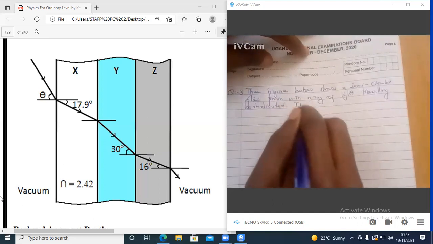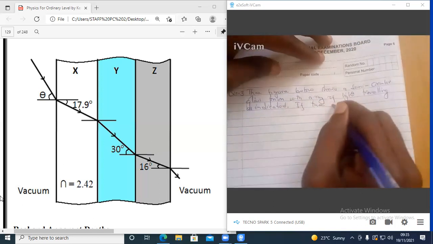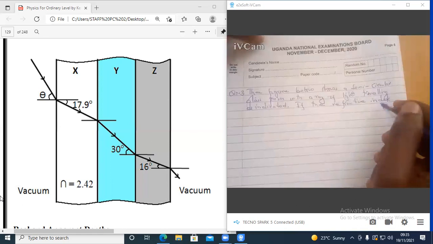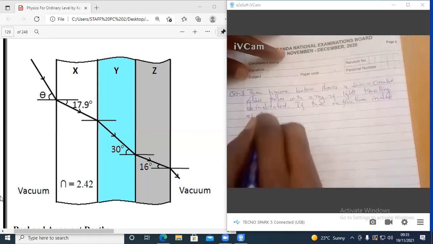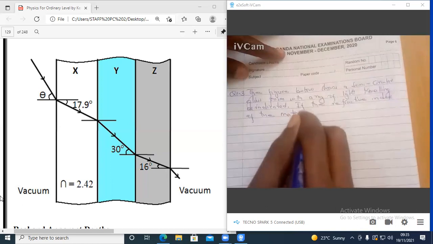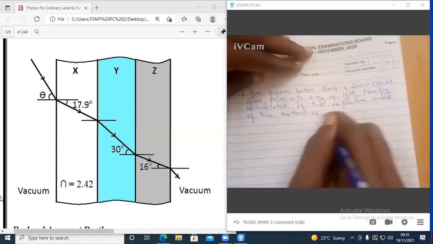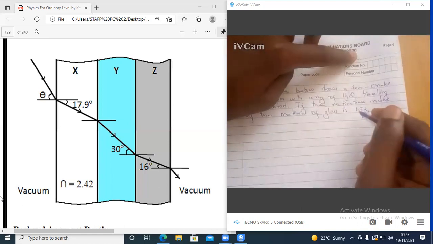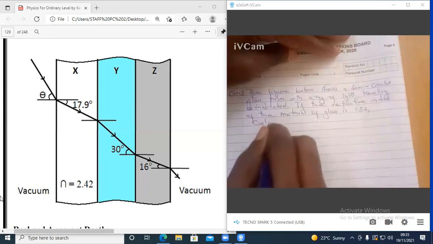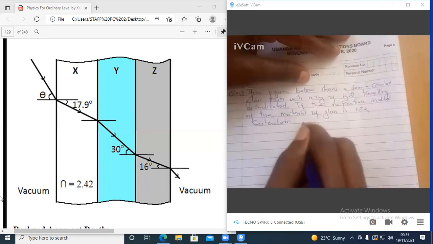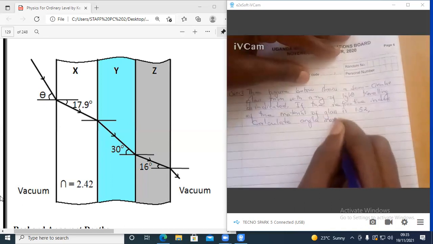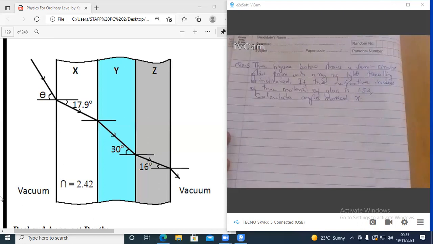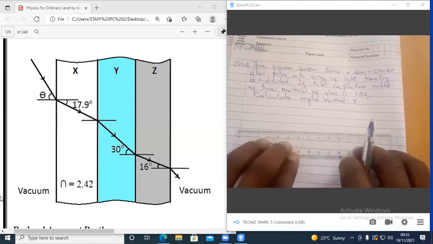If the refractive index of the material of glass is 1.52, calculate the angle marked X. So this is what I've drawn for us. They've drawn this one for us.